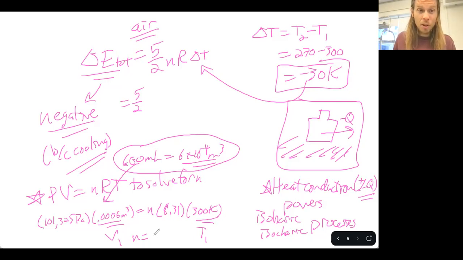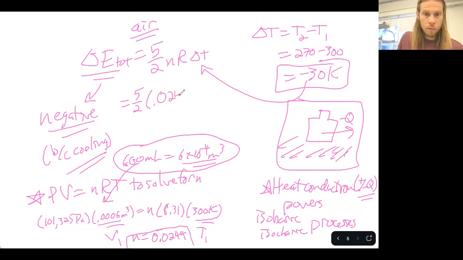When I say 3 decimals, I mean 3 numbers that aren't 0. So 0.024386. I can even write all that just to be exact. Let's say 0.0244. That'll work for me. Moles. Got it. So 5 halves, 0.0244 times 8.31 times negative 30.